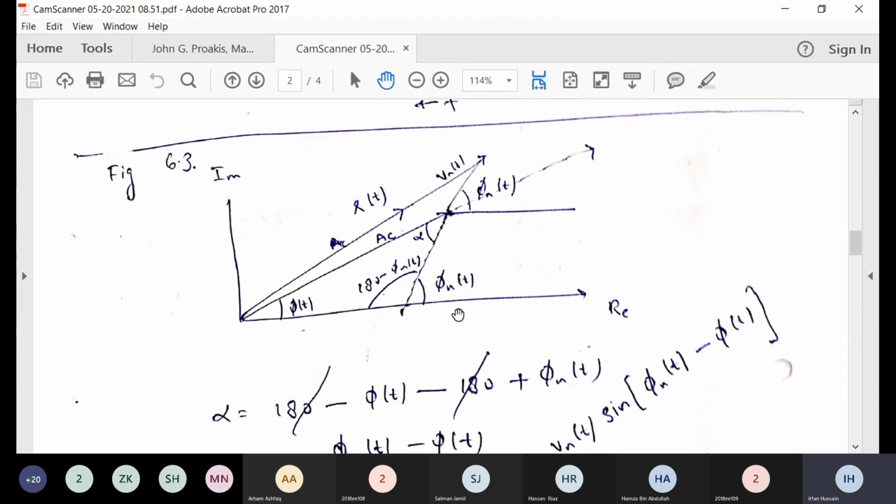So let us try to understand the phasor diagram representation of the band pass noise process with the modulated FM signal. Now, what is my FM signal? The FM signal has amplitude Ac, and the cosine part is 2 pi fc t plus phi(t), where phi(t) could be directly proportional to the message signal for PM, or it could be the integral of the message signal in the case of FM.